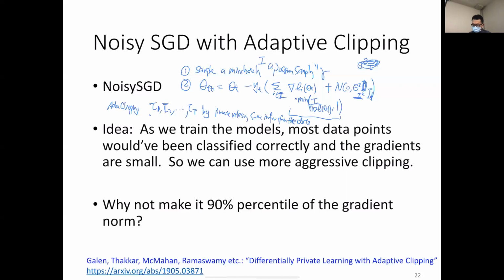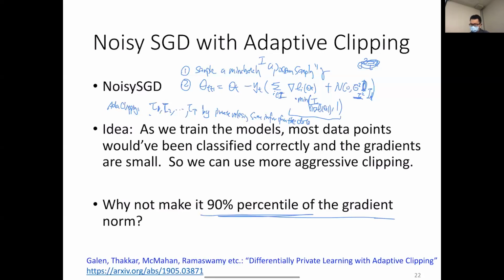The goal they want to achieve is to choose tau such that a particular percentile of the gradient norms is preserved.